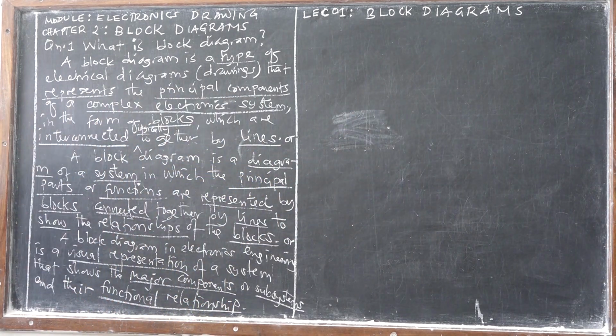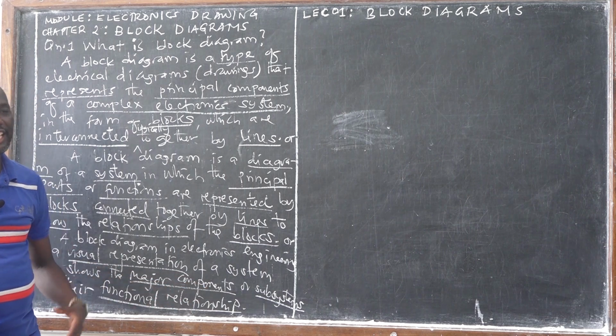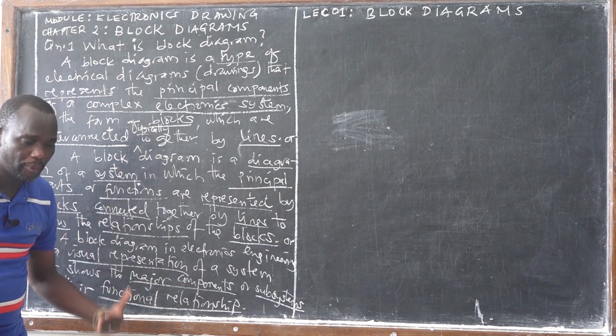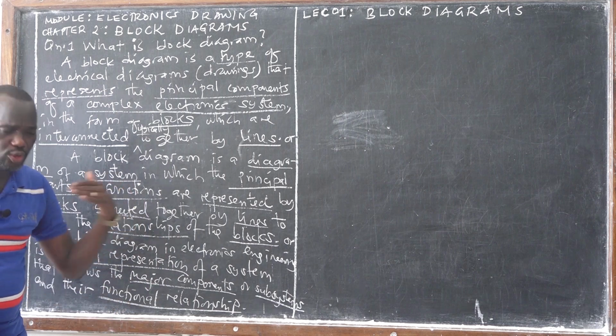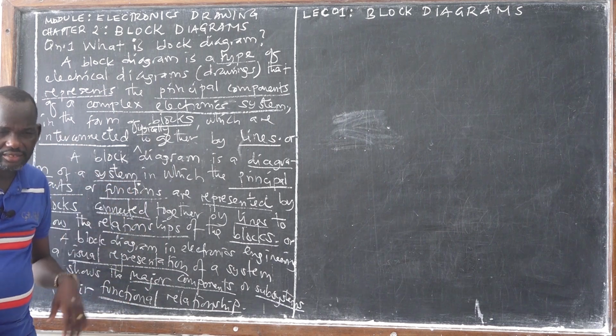So he said that this gives us a visual representation. In the first definition we had the word represent, but there was no adjective for it. So this is the visual representation of the system that shows the major components. Please concentrate, stop writing, stop doing whatever you're doing, look at the blackboard, listen.